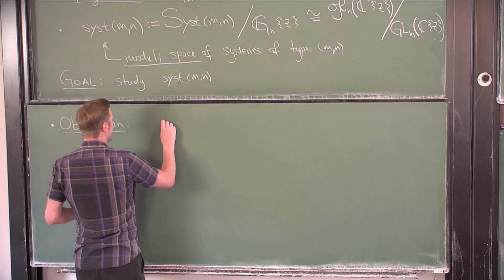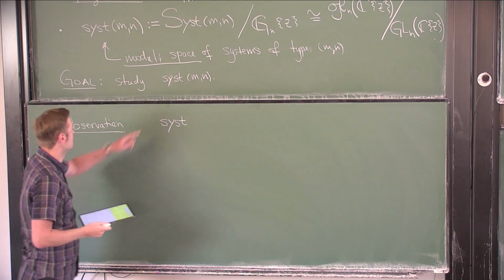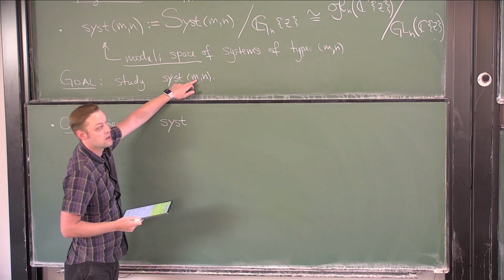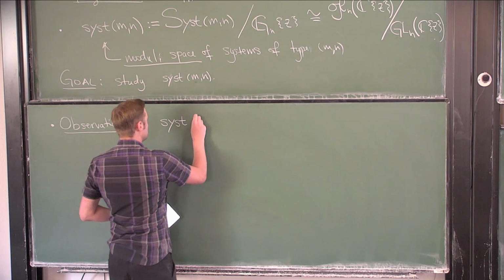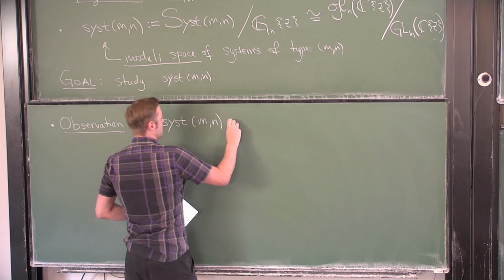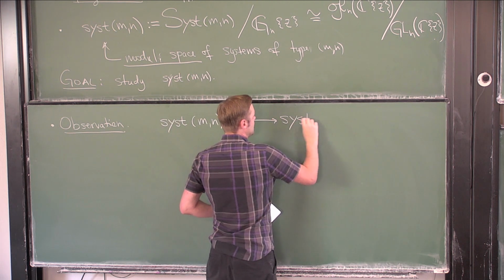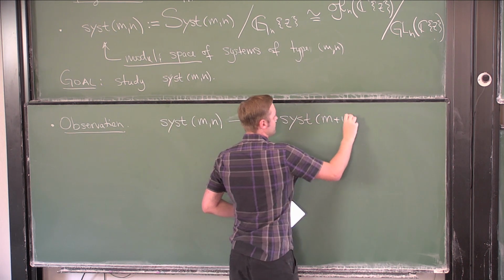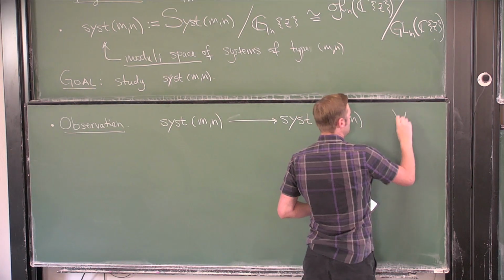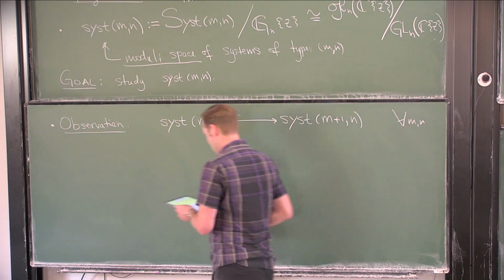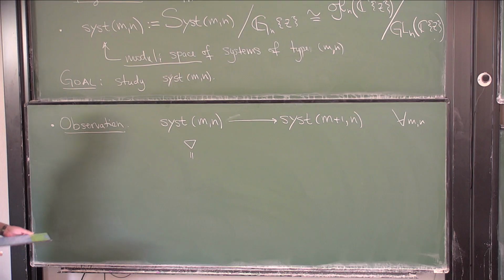So there is an obvious map which increases the order m of the pole. How does it work? Very simple, just multiplication by z.